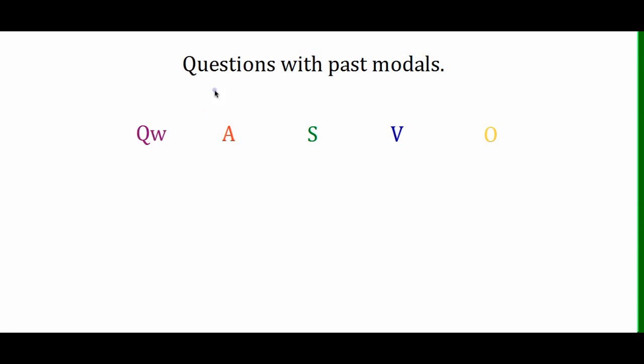So now let's look at questions with past modals. So as usual, we can use our question structure. We have our question word, what, and then in the auxiliary position, you might have guessed, we use one of our modals. In this example, we've used would. The subject, you.